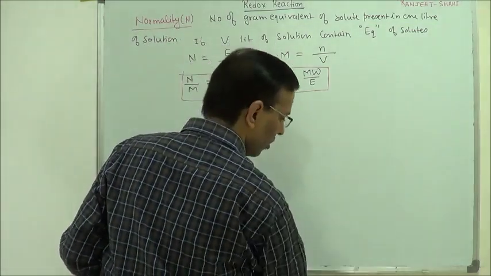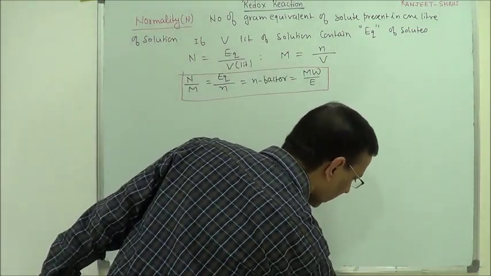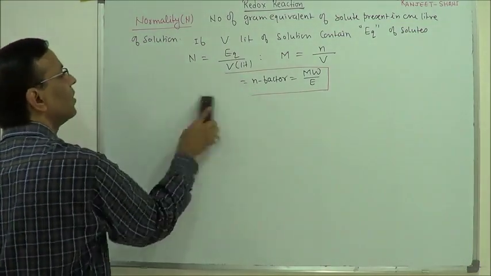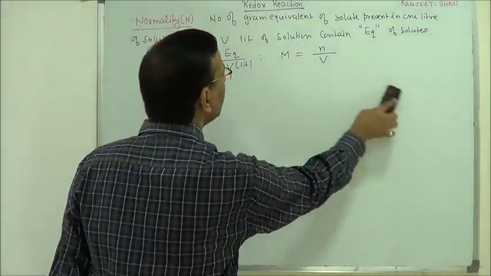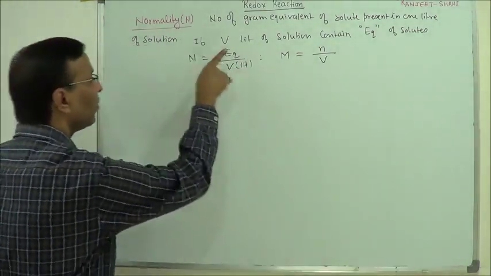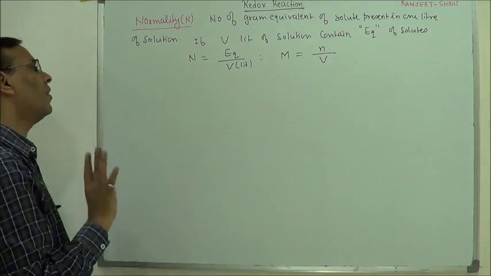We have just defined normality as the number of gram equivalent of solute present in 1 liter of solution.